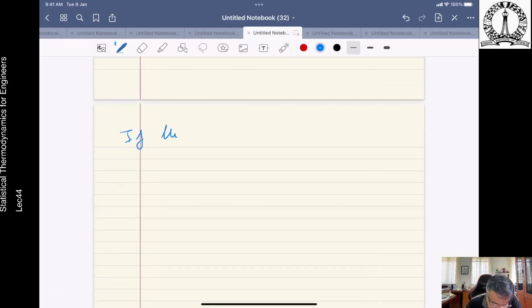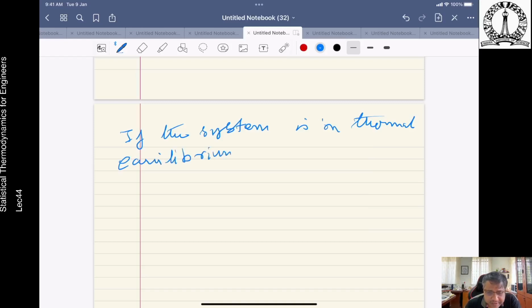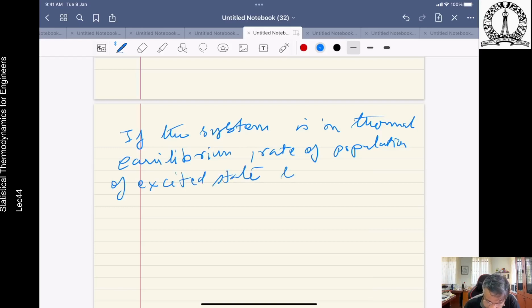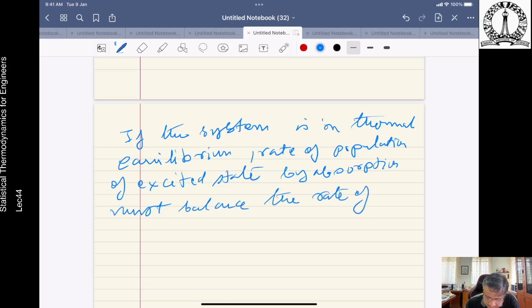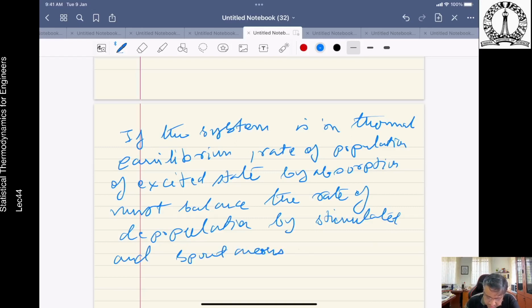So if the system is in thermal equilibrium, the rate of population of the excited state by absorption must balance the rate of depopulation by stimulated and spontaneous emission. Isn't that correct?